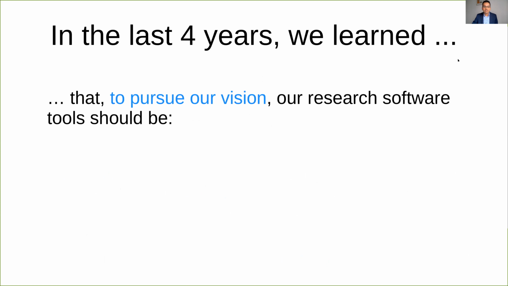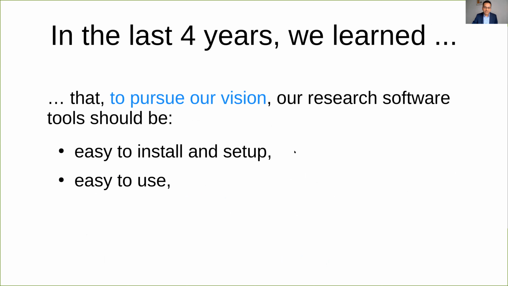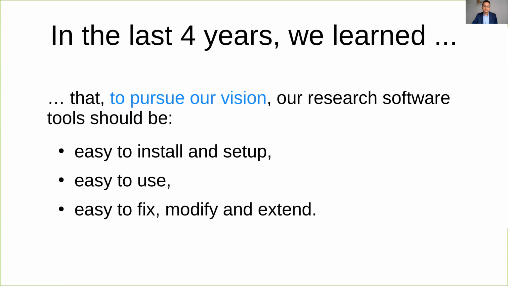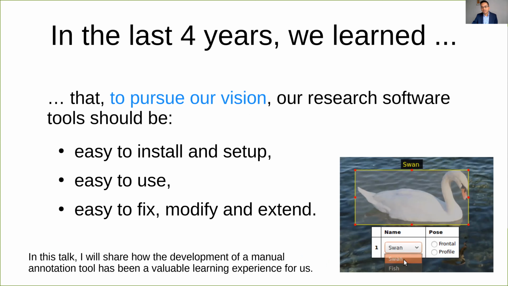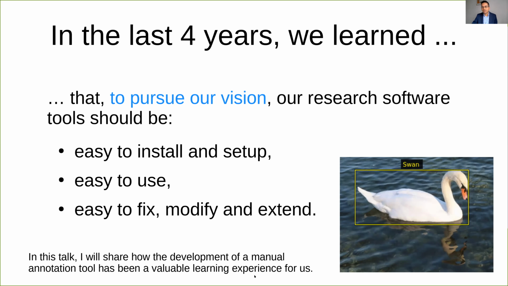So in the last 4 years, we have learned that to pursue our vision, our software should be easy to install and set up. It should be easy to use, and it should be easy to fix, modify, and extend. Today in this talk, I will share how the development of a manual image annotation tool has been a valuable learning experience for us.